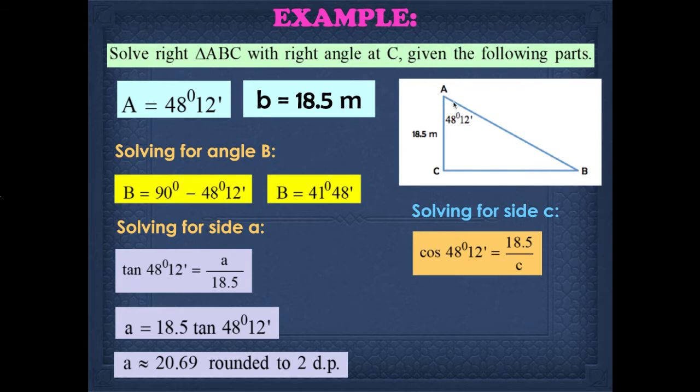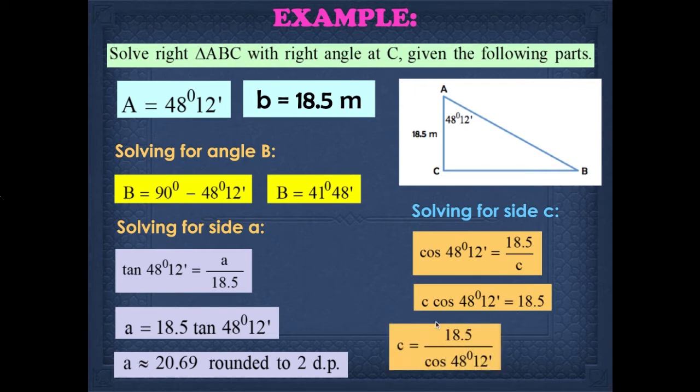Over the hypotenuse, remember, is the longest side. That is the side that is opposite the biggest angle. So this is the 90-degree angle, angle C. Opposite of that will be the hypotenuse, and this is your side c. So again, cross multiplying, we will have c times cosine 48 degrees 12 minutes equal to 18.5.